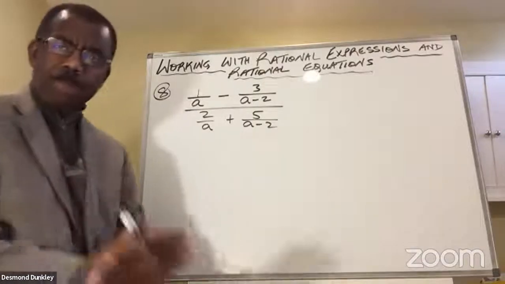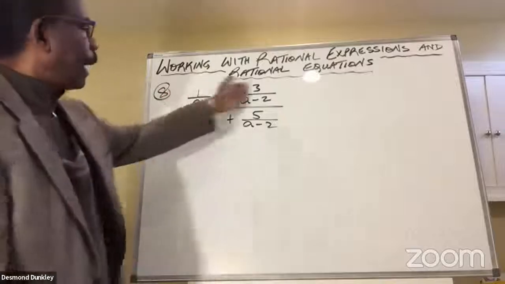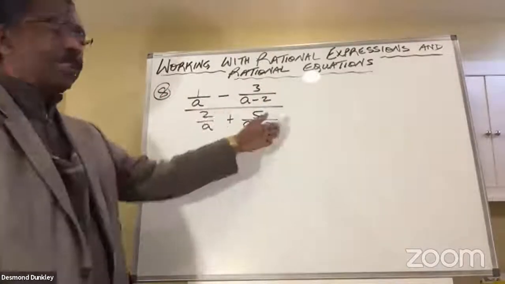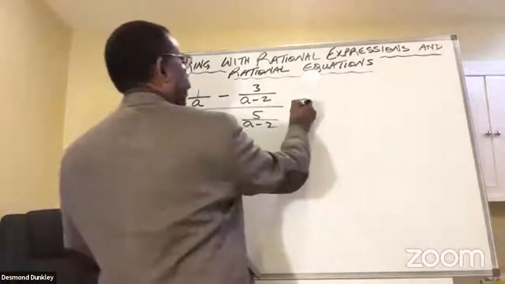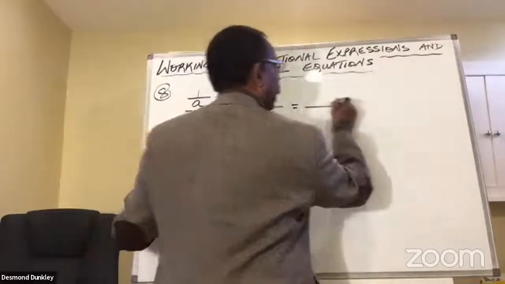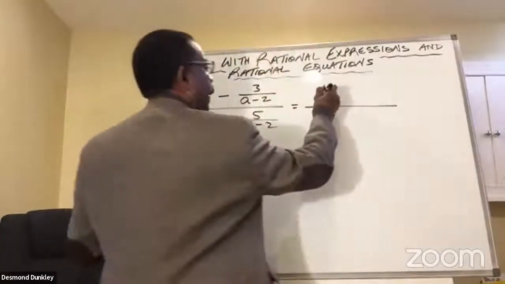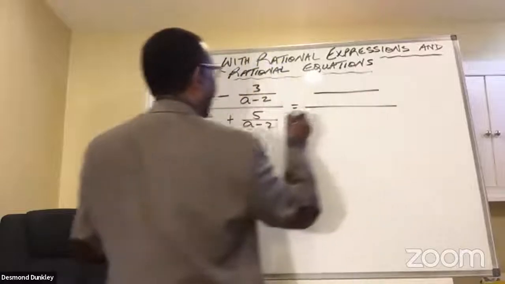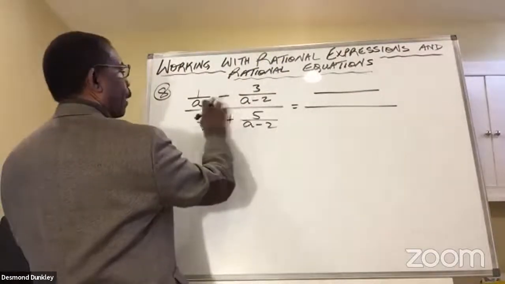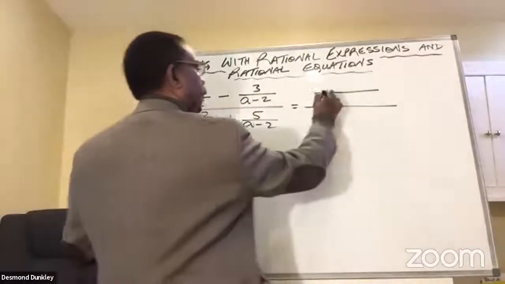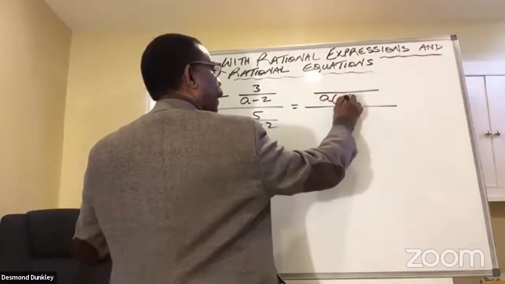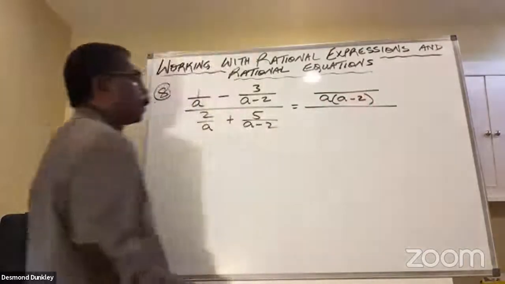Yes. As before, we're going to make a fraction on top and a fraction on the bottom. So here's our equal sign, here's our vinculum, and here is our fraction. The common denominator is the product of these two denominators, so we have a times a minus 2.